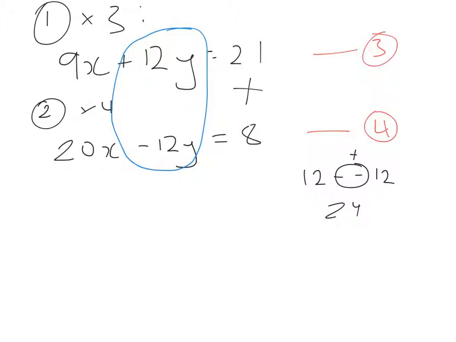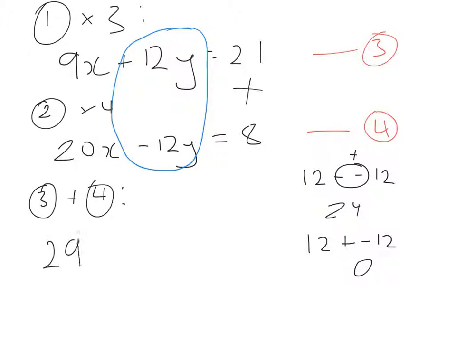If you add 12 plus minus 12, you will get 0. So we're going to do equation 3 plus equation 4, and that will give me 29x plus 0 equals 29. So x equals 1.